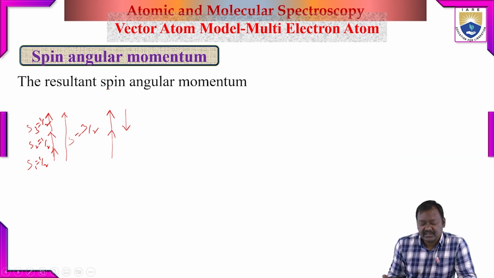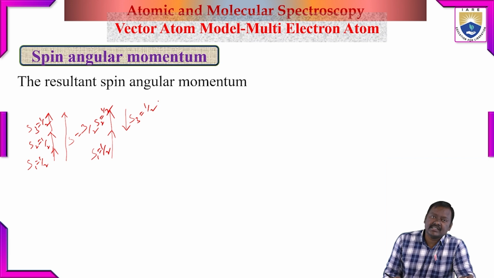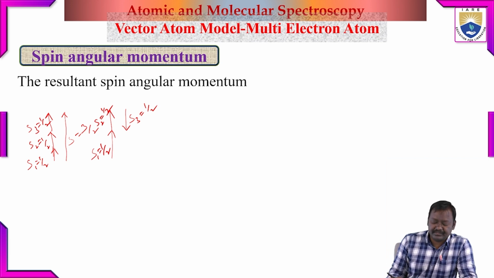And again, if there are two spins with the same direction and one is anti-parallel, opposite direction, here it is S1 equal to half, S2 equal to half, and S3 equal to half. For any number of electrons, the spin has the same value 1 by 2.